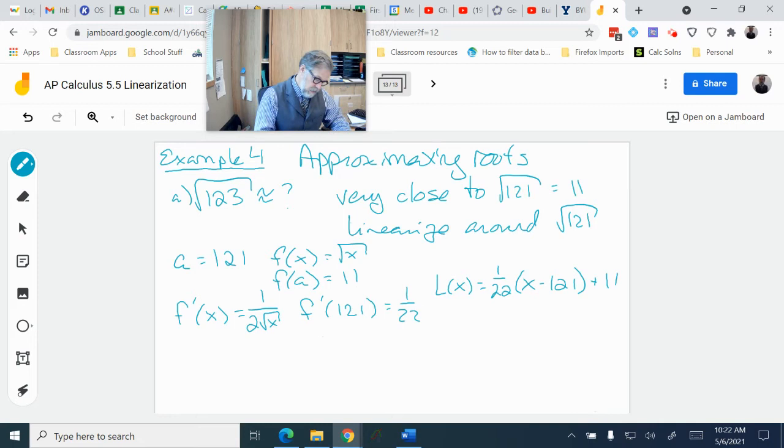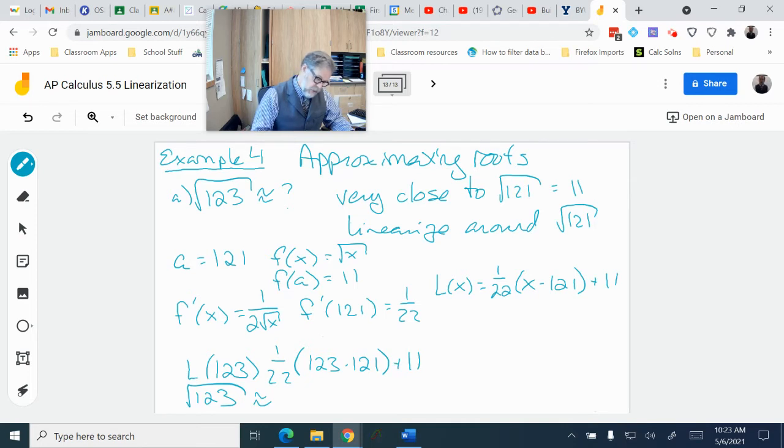So now I can approximate any number near 121. Linearization at 123, in other words, the square root of 123 is approximately equal to 1/22nd of (123 minus 121) plus 11.